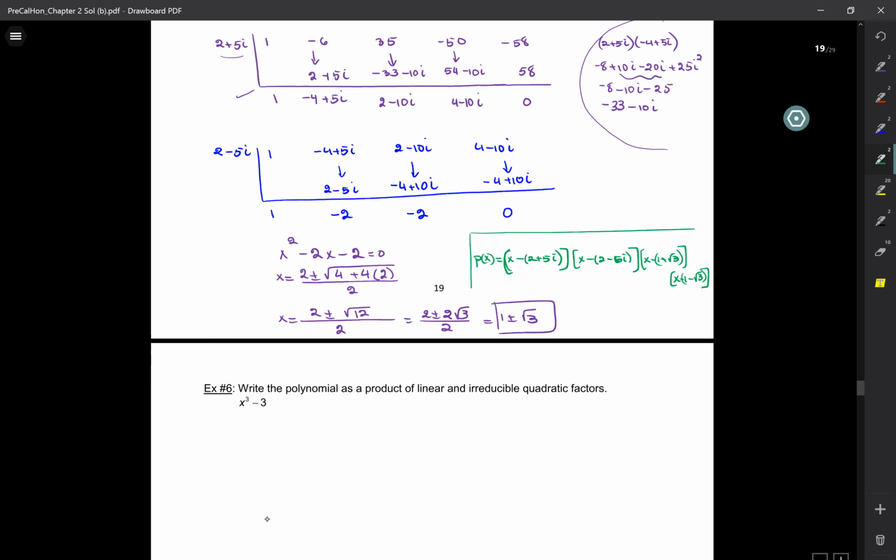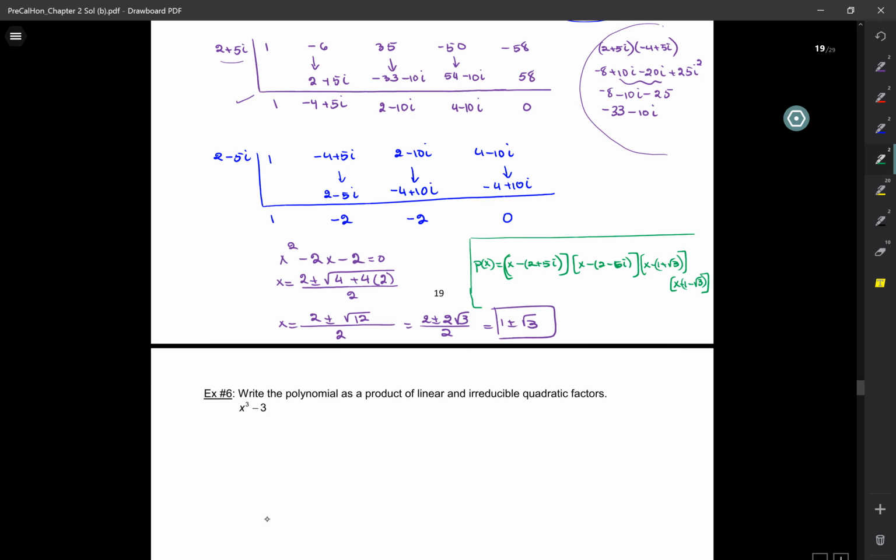You can leave it like that, or you can simplify further to p of x equal to x minus 2 minus 5i, x minus 2 plus 5i, x minus 1 minus root 3, x minus 1 plus root 3.